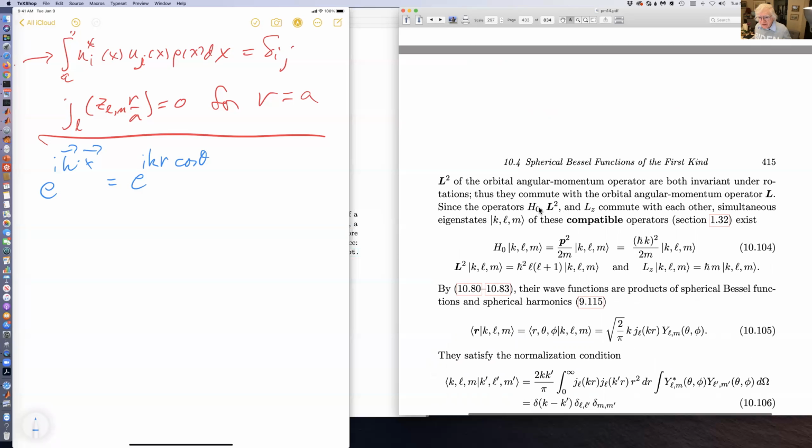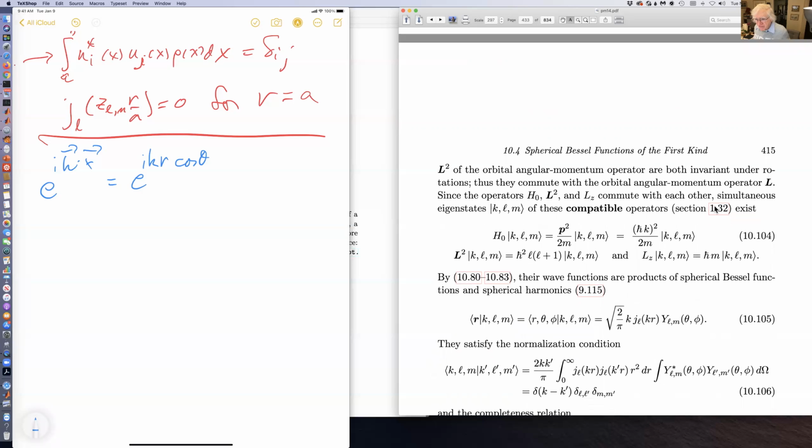And then H0, L squared, and Lz form a set of three Hermitian operators that commute with each other. Therefore, they're compatible operators in the sense of section 1.32, and they have simultaneous eigenvalues.